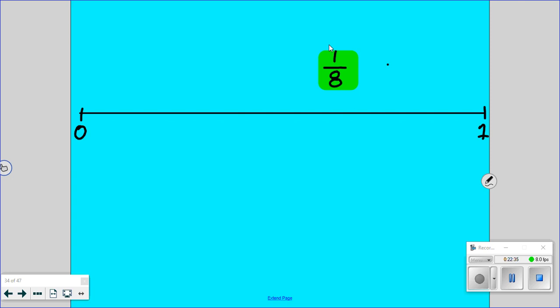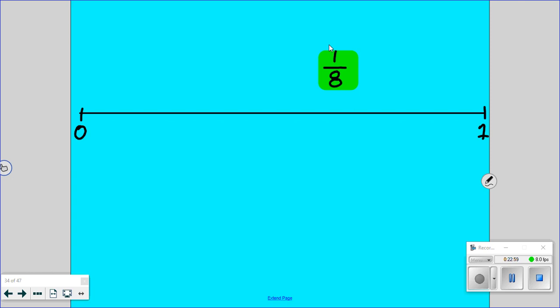If I'm cutting into 8, are my pieces going to be large or small? Emma? Small, because I have to do so many of them. I only have 1/8. Is that going to be close to 0, close to 1, or right in the middle? Go ahead and place it on your number line of where you think it's going to be. When you got it, give me that secret thumb.